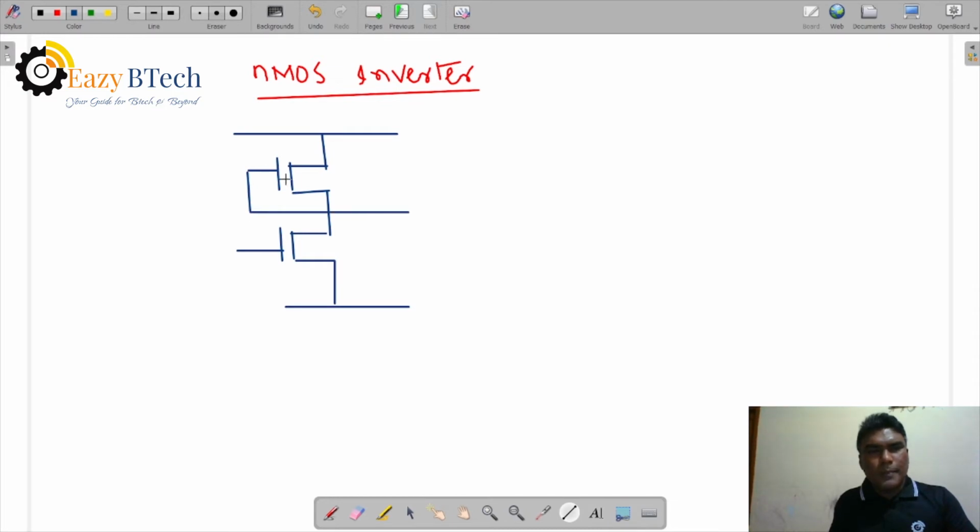You can see the transistor above is a depletion mode transistor, with the channel already established between drain and source.